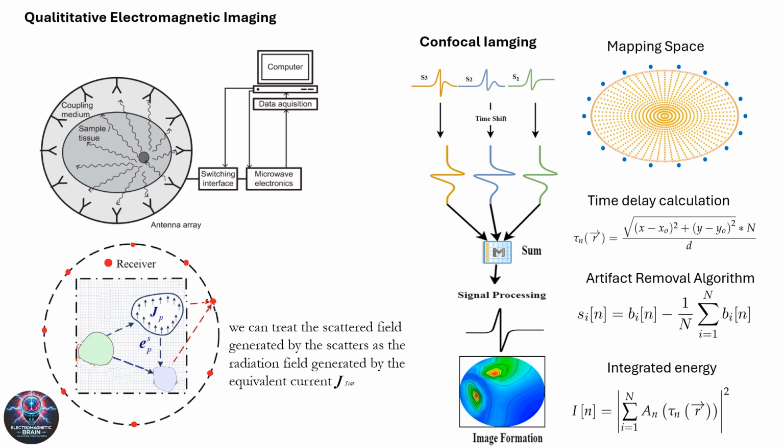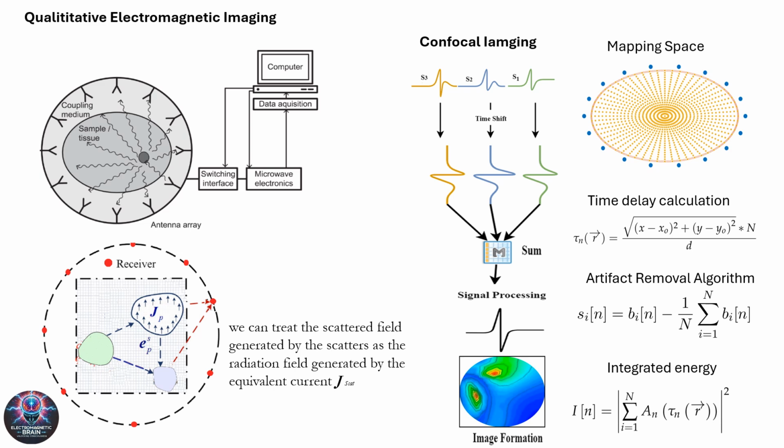The tissue under investigation scatters the microwaves, creating an electromagnetic response. The scattered microwave signals are collected by the antennas and fed into microwave electronics for processing. The switching interface selects the active antennas at each moment, and data is transferred to a computer for further analysis.